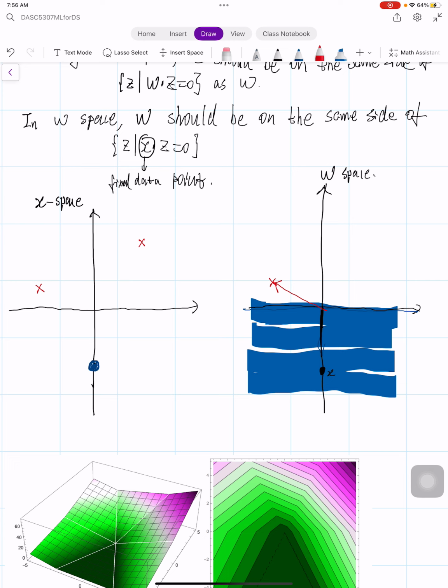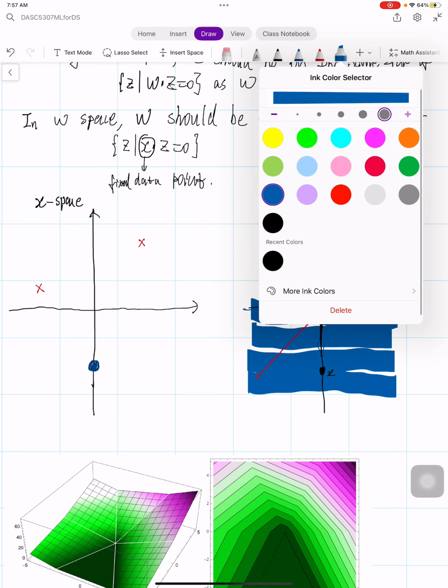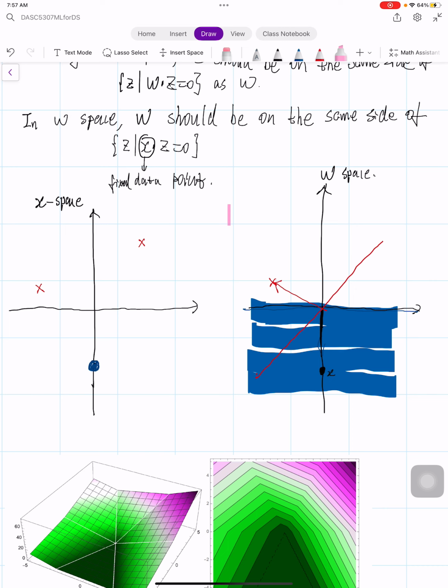In the omega space, we need to find a decision boundary which is perpendicular to this x and across the origin. Because this is classified as the other class, all the points on this side should be our solution.